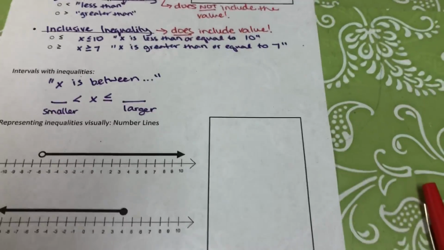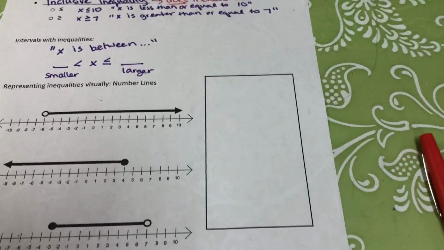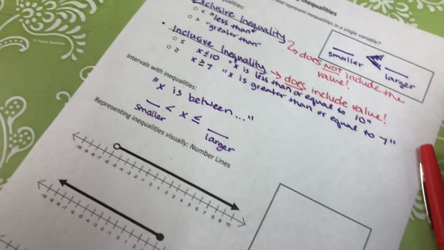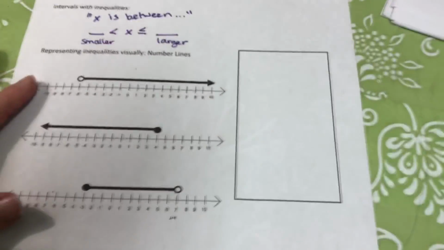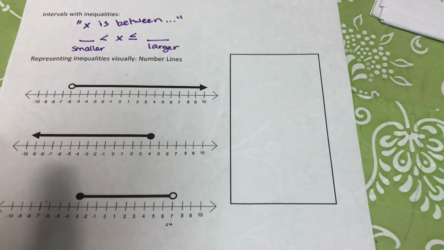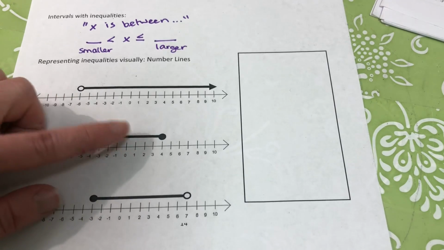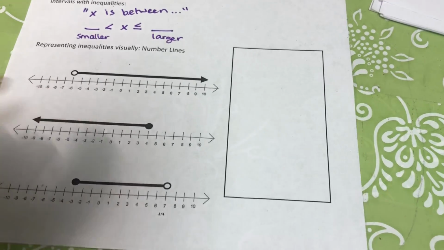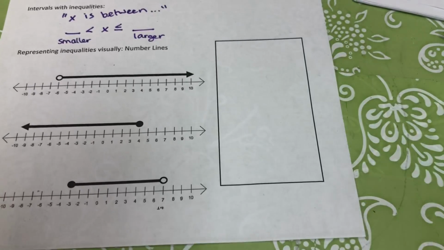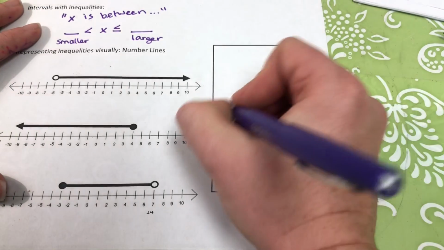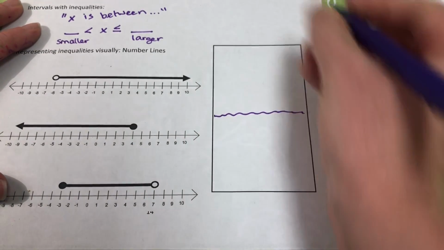Now, number lines. This is how we really start to represent inequalities here, with a number line. And there are two things to keep in mind. First, we should notice that we've got arrows pointing in different directions. We should also notice that we've got different kinds of points. We definitely talked about those types of points with domain and range, but let's review them here.